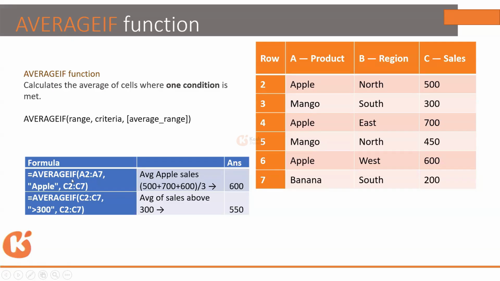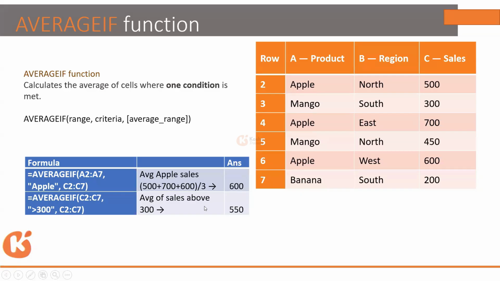So here AVERAGEIF with A2 to A7 and Apple, and then C2 to C7, which is what we want the mean of. You can see it has given 300, and it also shows how the calculation is done: 500 plus 700 plus 600 divided by 3.